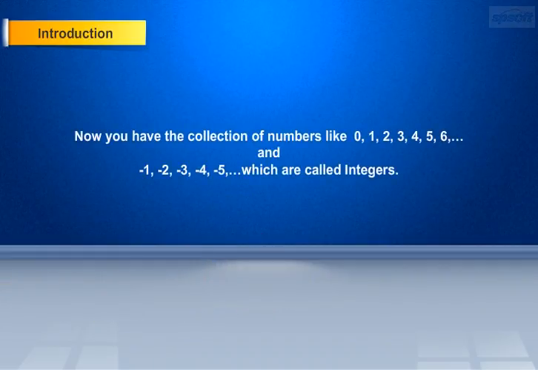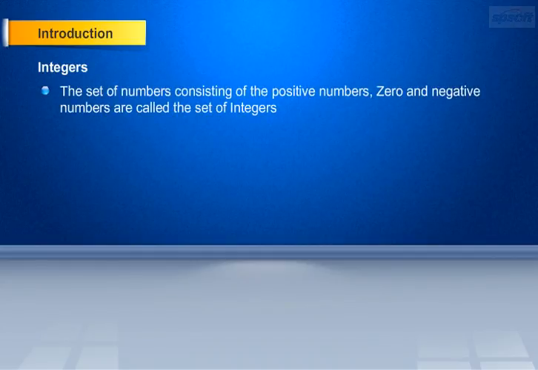Now, you have the collection of numbers like 0, 1, 2, 3, 4, 5, 6, and so on, and -1, -2, -3, -4, -5, and so on, which are called integers. Let's define what do you mean by integers. Integers. The set of numbers, consisting of the positive numbers, 0, and negative numbers are called the set of integers.